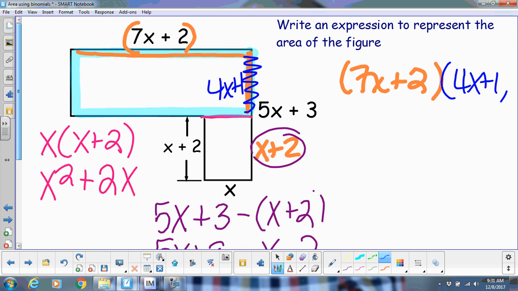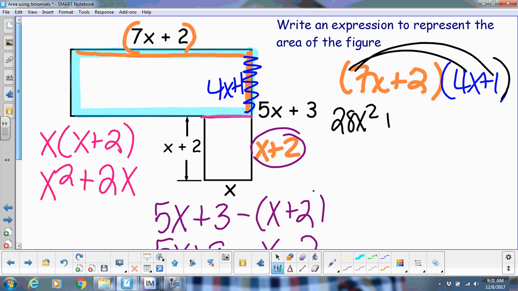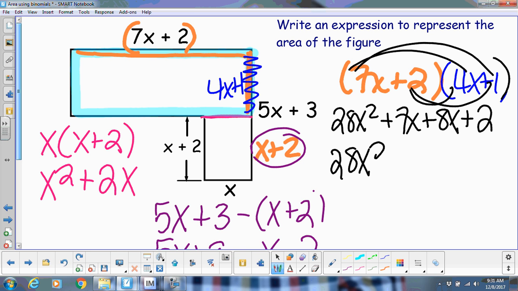Now what do you need to do? Multiply that out, okay? That's going to give me 28x squared plus 7x plus 8x plus 2, which gives me 28x squared plus 15x plus 2. Am I done?